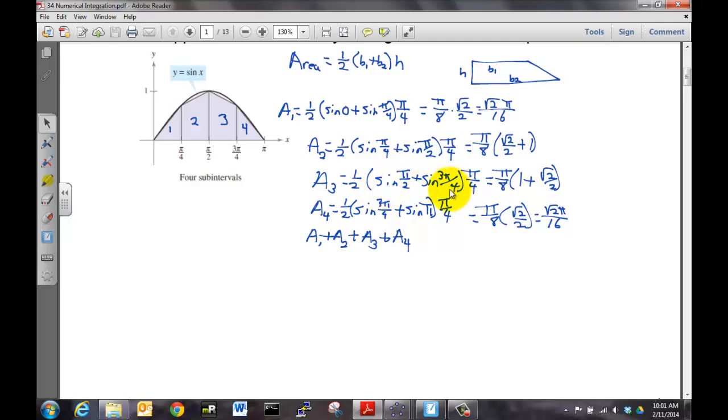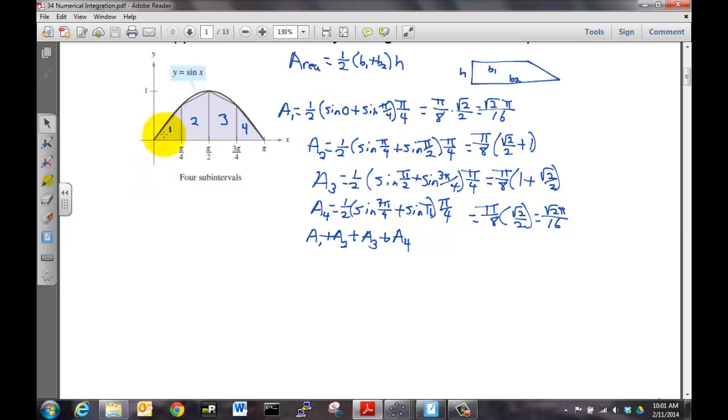The last one, 3 pi over 4, is the first value in the next one. So when you look at this, you'll see that many of our function values are repeated or duplicated. We've got pi over 4 twice, pi over 2 twice, 3 pi over 4 twice, and sine of pi and sine of 0 are only once.